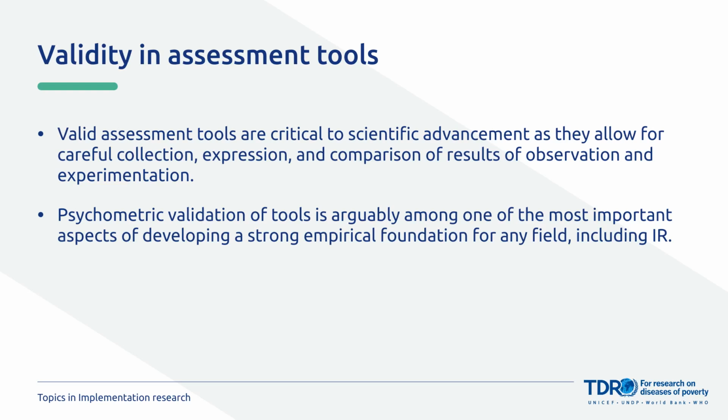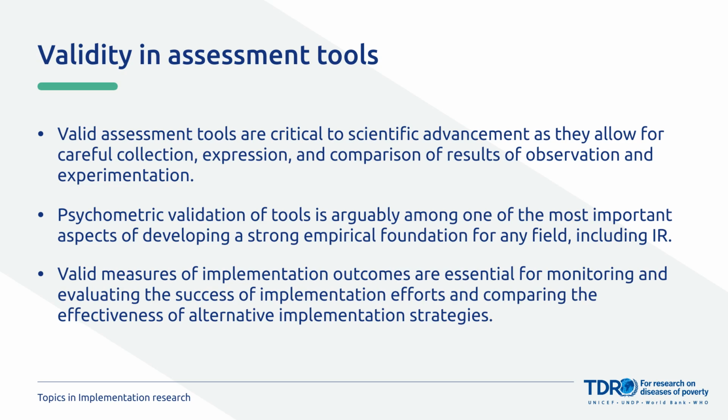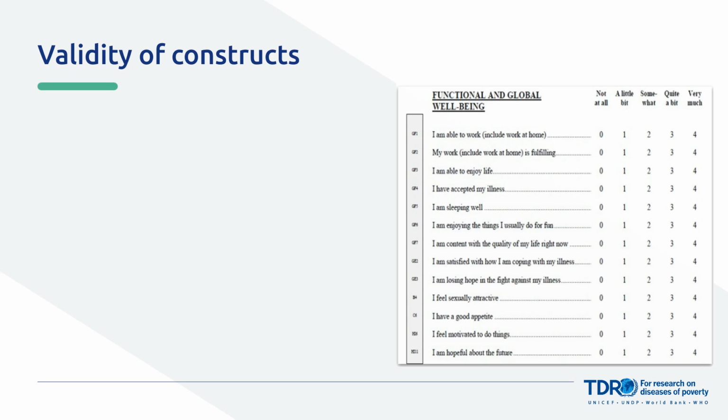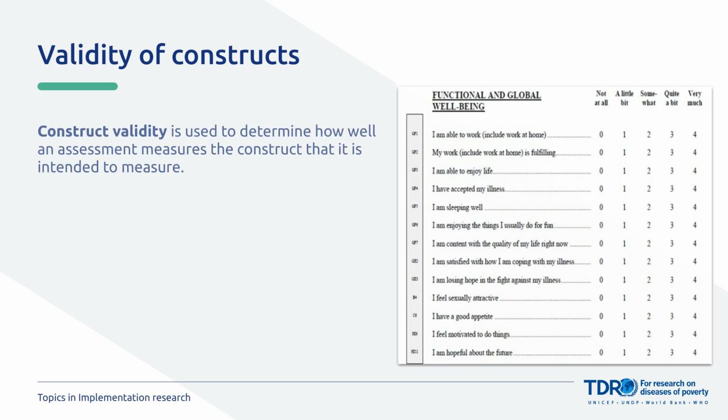Validity assessment determines how suitable and useful an instrument is for a specific setting or interpretation. Valid measures of implementation outcomes are essential for monitoring and evaluating implementation success and comparing different strategies. Key aspects of instrument validity include construct validity, assessing how well an assessment measures the intended construct.